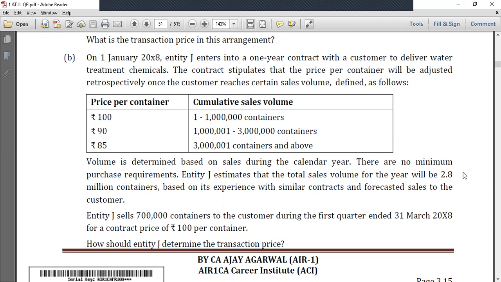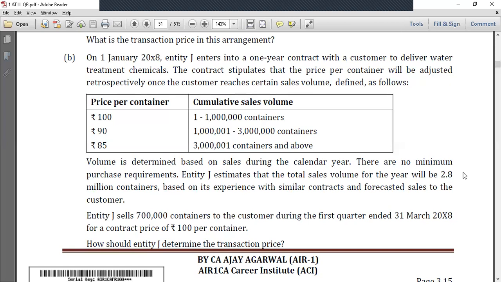Based on the experience with similar contracts and forecasted sales to the customer, entity Y sells 7 lakh containers to the customer during the first quarter, ended 31st March 2018, for the contract price of 100 rupees.